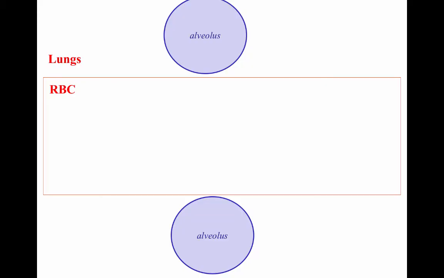As we take a look at a simplified version of oxygen coming into our system from an alveolus and then carbon dioxide going back into an alveolus for exhalation, we start at the alveolus in the lungs where oxygen is coming into the red blood cell, and hemoglobin has a hydrogen unit attached to it.